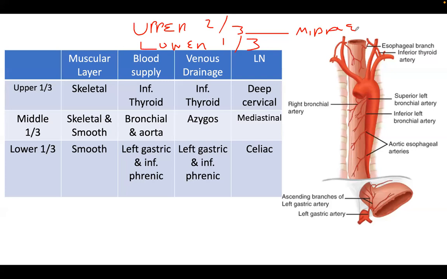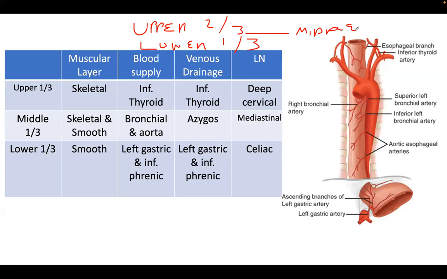Now, why is this important? Where is the smooth muscle? Exclusive smooth muscle is found in the lower 1/3. And what is the significance of having smooth muscle?